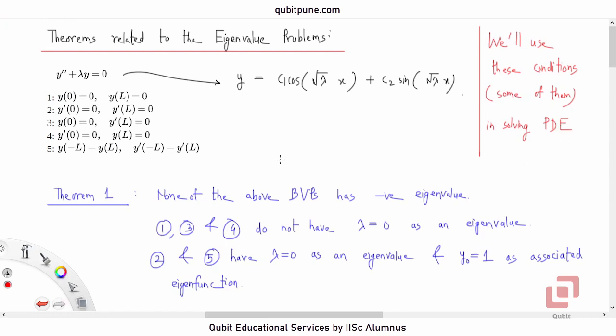For example, if you take a wave equation, then it has a fixed boundary. Consider the first one, y of 0 equal to 0 and y of l equal to 0. So the first boundary condition, what does it represent physically? Fixed ends in case of wave equation.